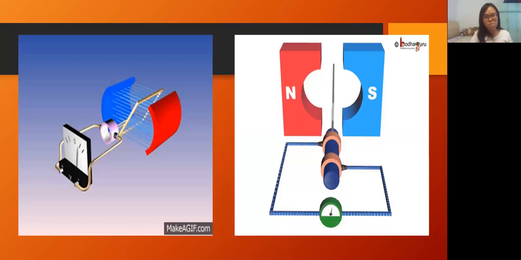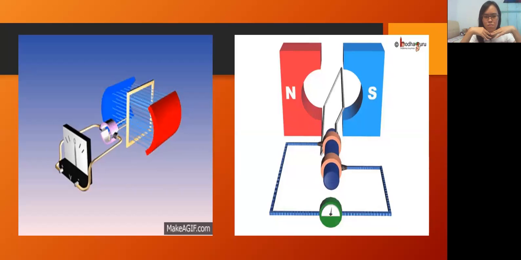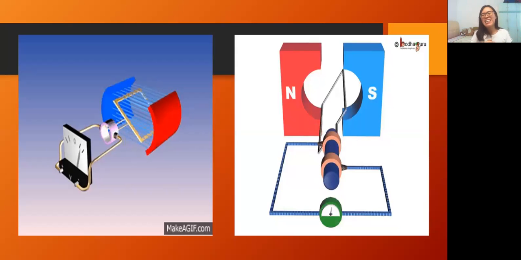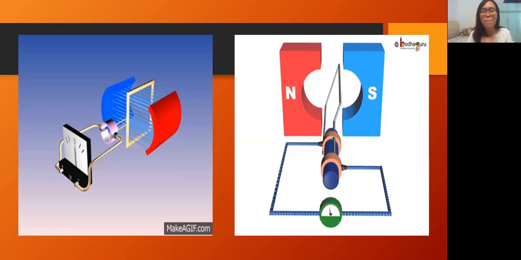Confused. Actually it's vertical. But why is it vertical?